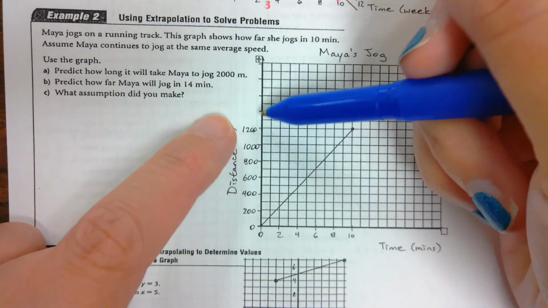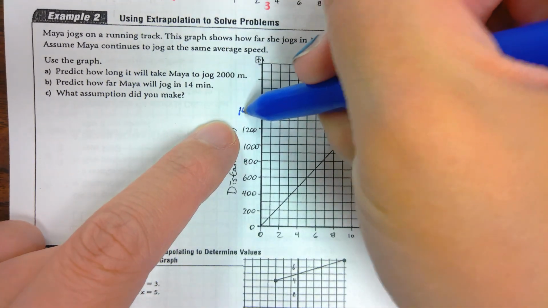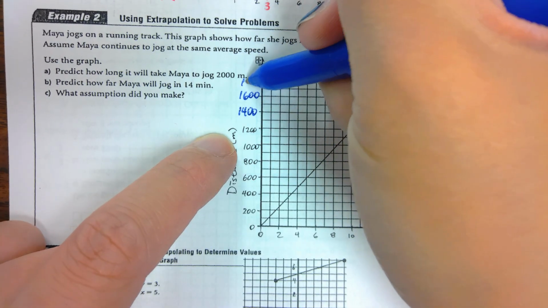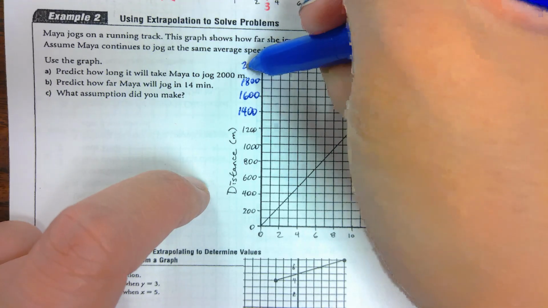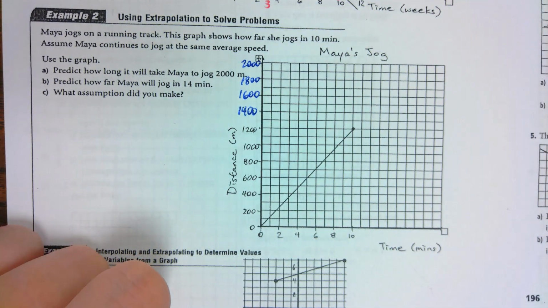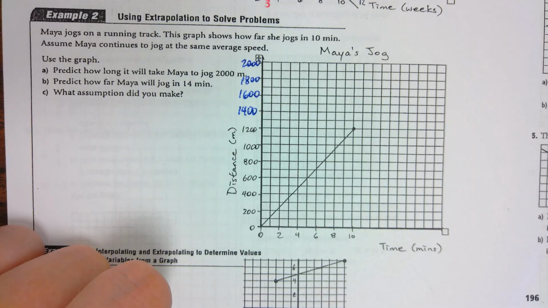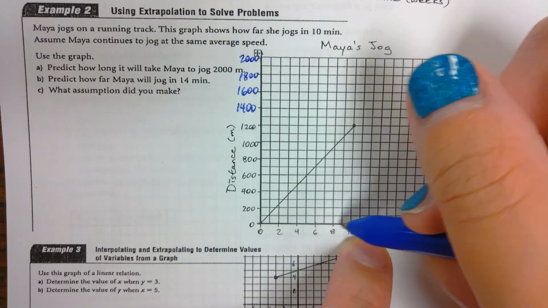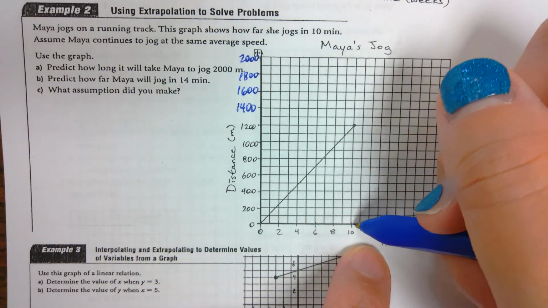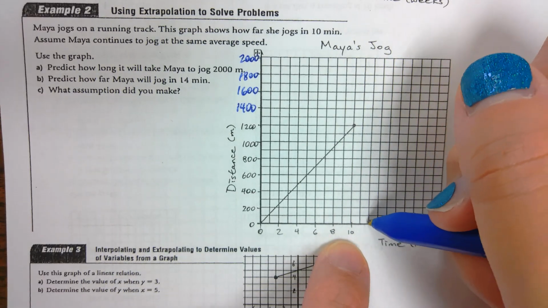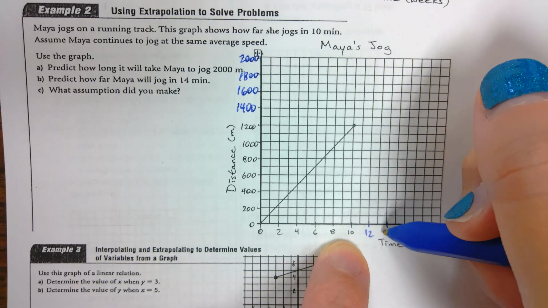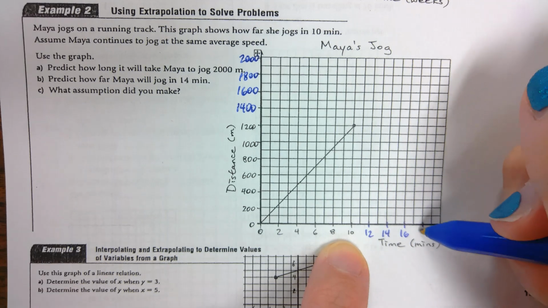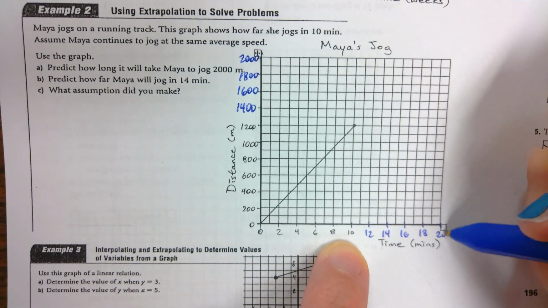So 1,000, 1,200, the next one 1,400, 1,600, 1,800, 2,000. Okay, remember you have to go in the same scale as the rest of the axis. Same thing right here. Every box is a minute, so this is 12 minutes, 14, 16, 18, 20.